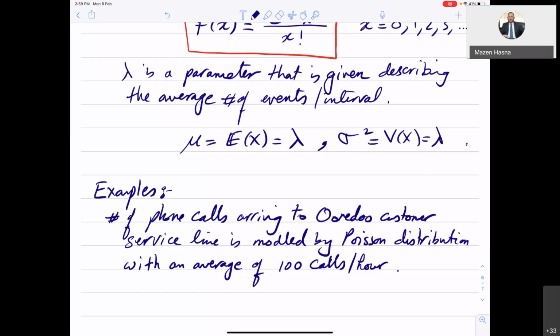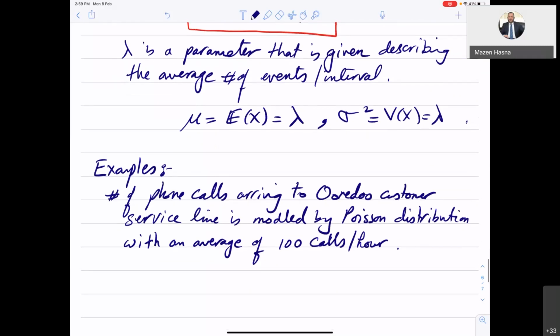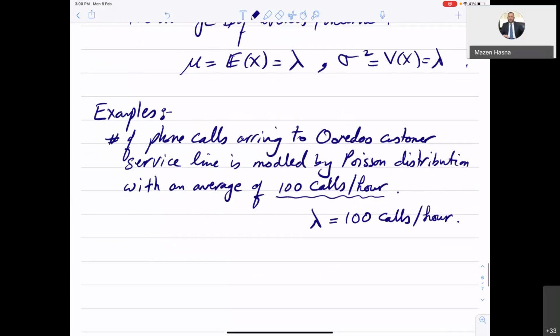Okay, so I'm telling you that lambda is 100 calls per hour. Right. Let's start asking some questions.